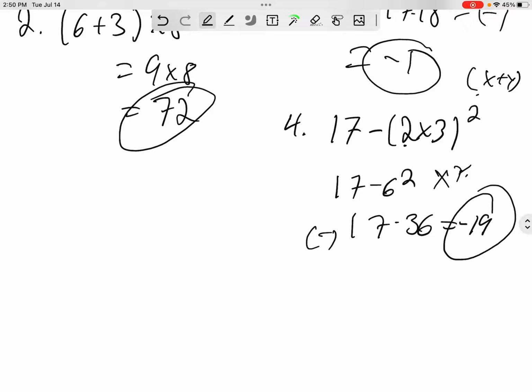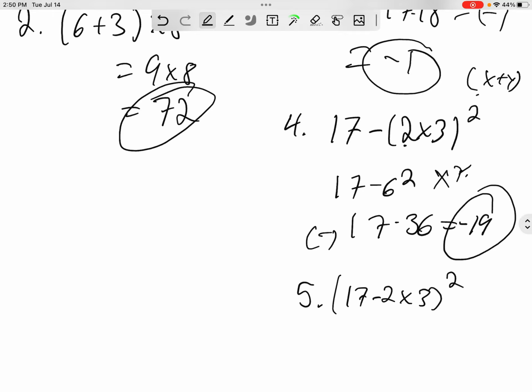Okay, good job if you got this correct. So, next up is number 5. So for number 5, we're going to do 17 minus 2 times 3. And this time, the entire expression is to the power of 2, the entire expression is under parentheses. So think about what you have to do. Okay, we'll start solving now.